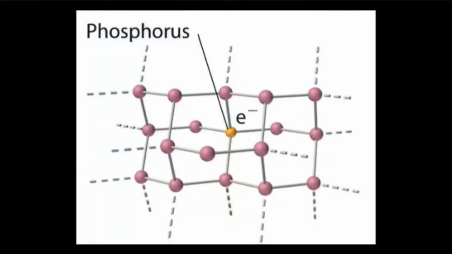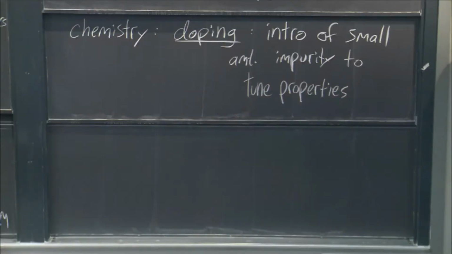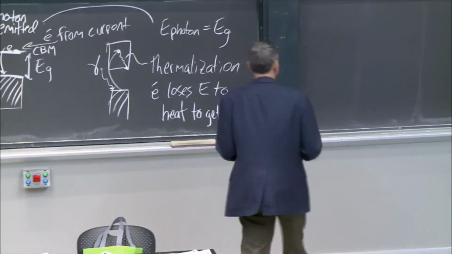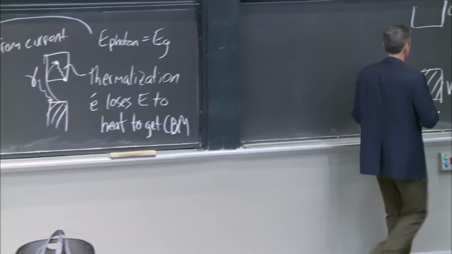So this would be silicon. This is just silicon by itself, valence band, VB, and here's the conduction band, CB. Now, I want to add electrons into this material, and so you can just imagine how this would work, right?